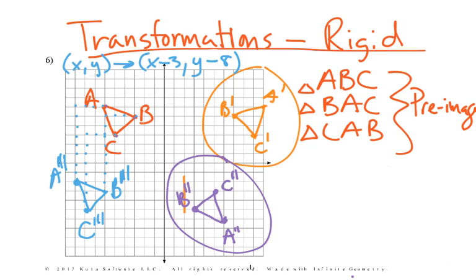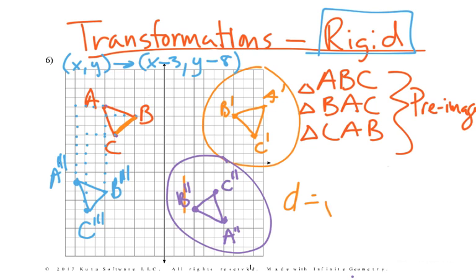Now, because these are rigid transformations, each one of these versions is going to be the same. Did we affect any of their distances? That length, we could use the distance formula.